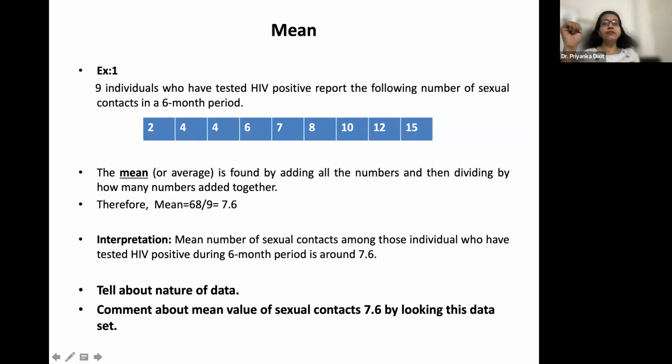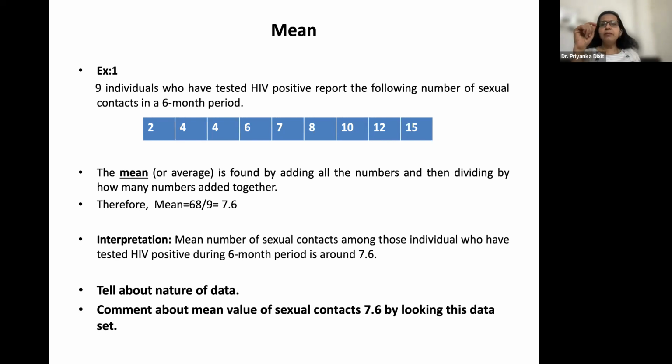I would appreciate if you all can write one line of interpretation so that in future you can refer to it. Interpretation of mean: on an average, 9 individuals have reported 7.6 times sexual interaction during the last 6 months.